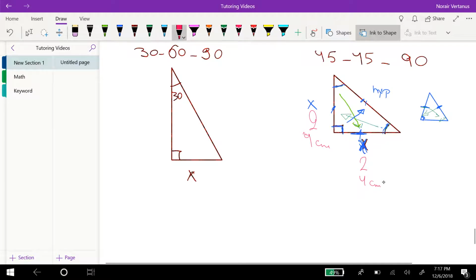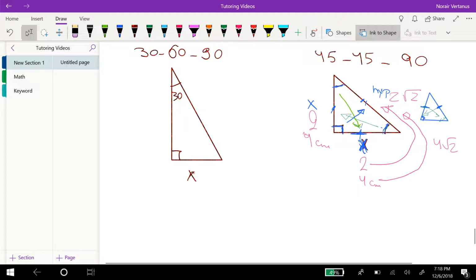The next one you need to know is the hypotenuse. If you have one of the legs, we don't need to use the Pythagorean theorem. If this is 2, the hypotenuse is 2 rad 2. You multiply by rad 2. You can use the Pythagorean theorem, but this is a faster formula for finding the hypotenuse. If this is 4, then the hypotenuse is 4 rad 2.